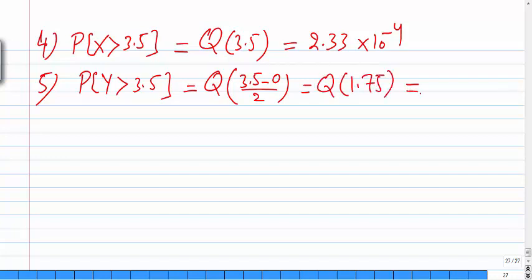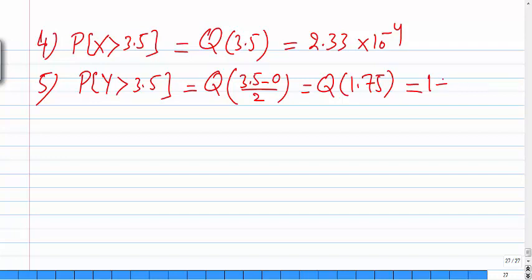Now when we look at Table 3.2, the values are greater than 3, but this is less than 3.